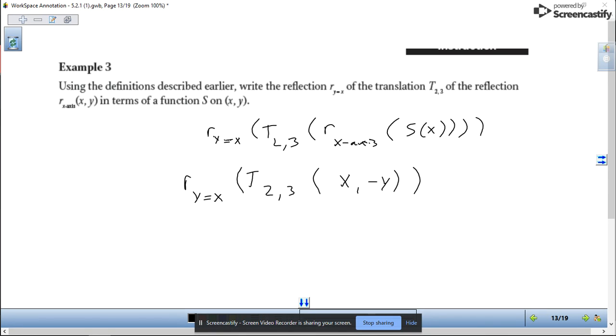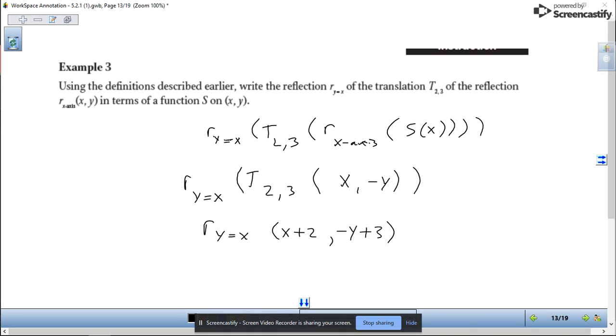And then after that, we have to do the last reflection over y = x. For the translation, we add, so that becomes (x + 2, -y + 3). Then we do our last transformation, which is r_{y=x}. The rule for reflection over the diagonal line y = x means you just take your x value and your y value and swap them.